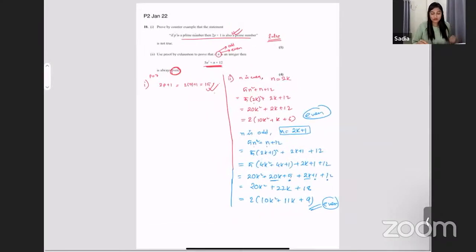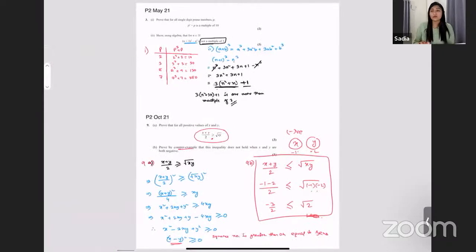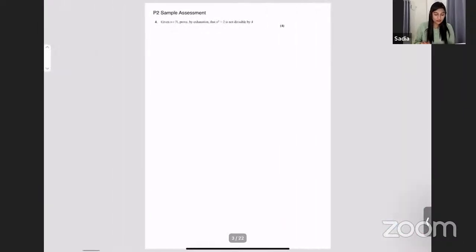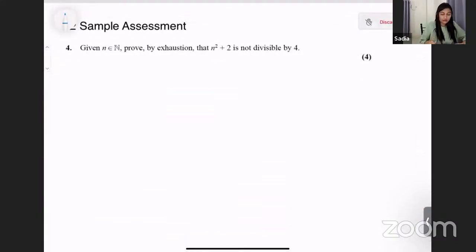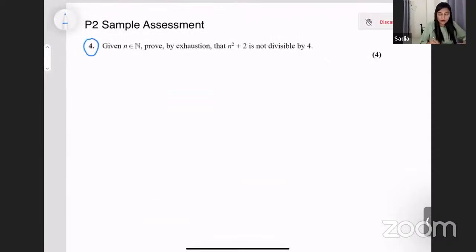Okay, so we just solved all the proof related problems from the past papers. The last one is this P2 sample assessment paper, where we have number 4, n squared plus 2 is not divisible by 4.